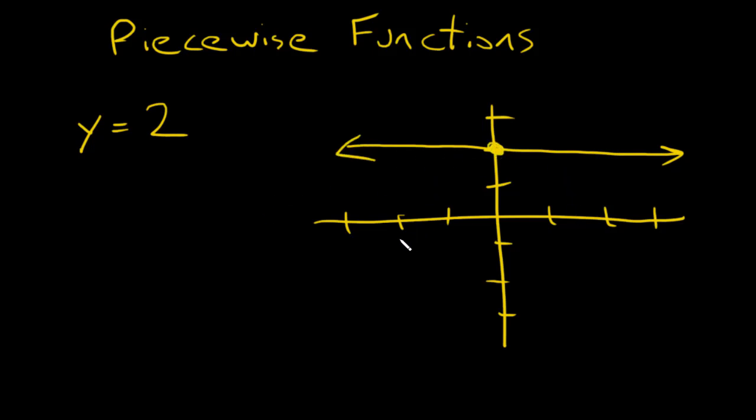Okay, what makes piecewise functions strange is that we don't just give you what the graph looks like, we also tell you where the graph lives, where it's restricted to exist. So in this case, what if I said it only lives at x values that are greater than or equal to 0?